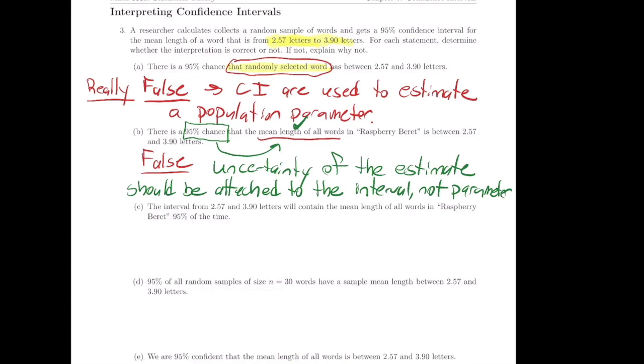There's nothing uncertain about the population parameter. It's fixed. It's unknown, right? So there's a difference. We don't know what it is, but it's a fixed value. The uncertainty of this estimate is based on the sampling that we've done, and that is captured by the interval. So we want to make sure, A, that we're using this interval to make estimates about population parameters, and B, when we make that estimate and attach some uncertainty to it, we should be referring the uncertainty to the interval.